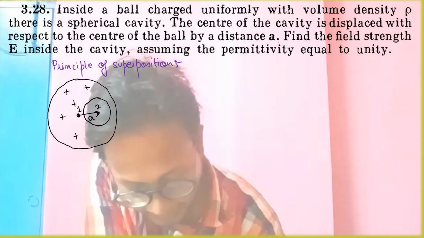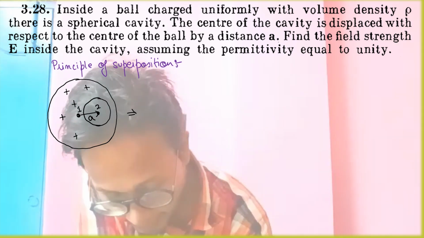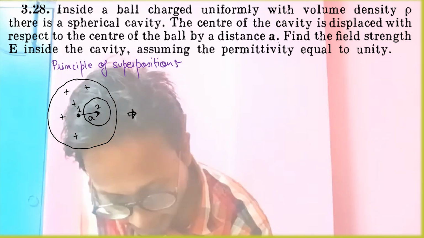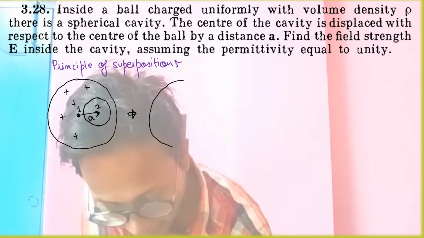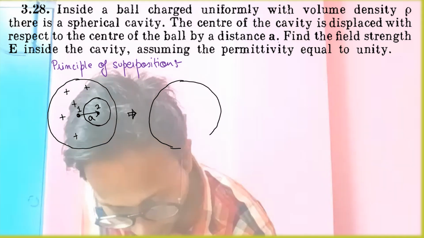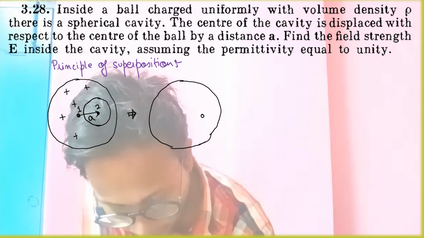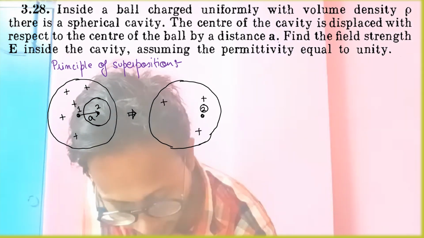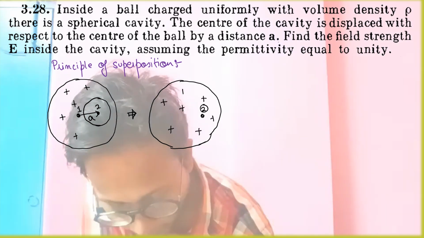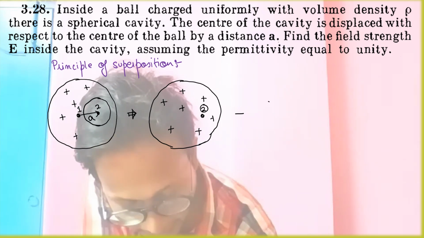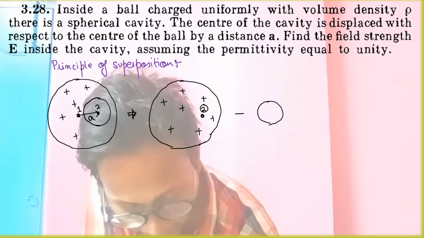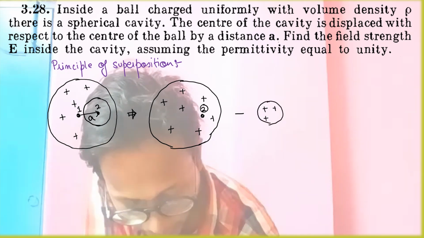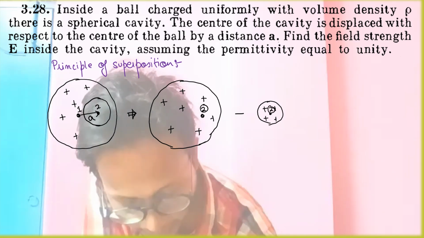It says that the electric field inside the cavity is nothing but the electric field due to the entire sphere at point 2 minus the electric field due to the cavity-filled sphere at point 2, isn't it?